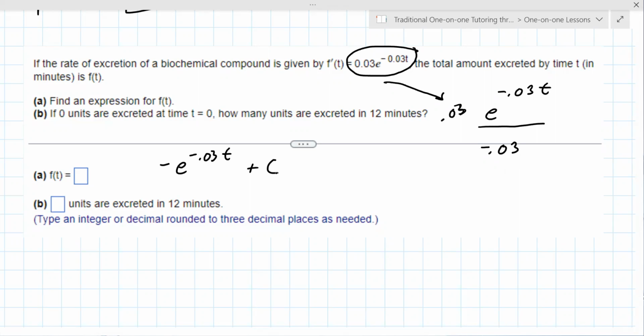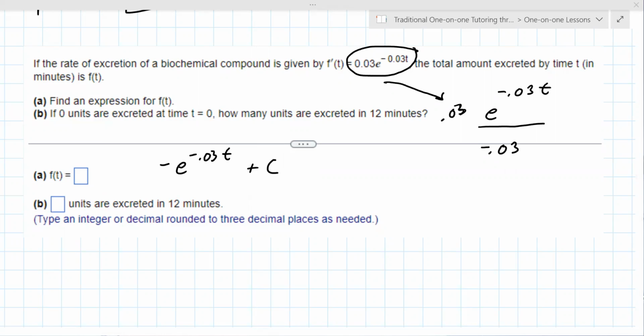They don't give you the initial condition. Maybe they're trying to tell you that the rate is initially 0. It's odd because there's no way to find the constant.